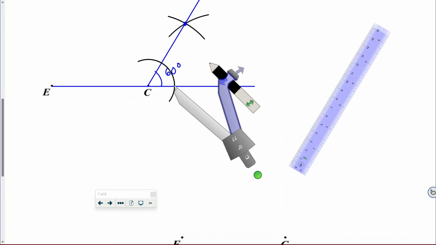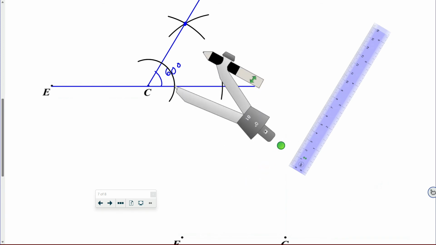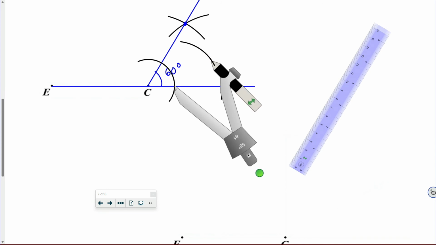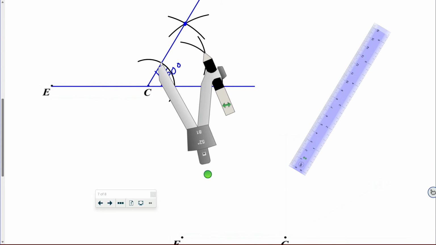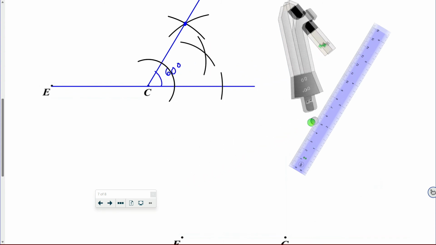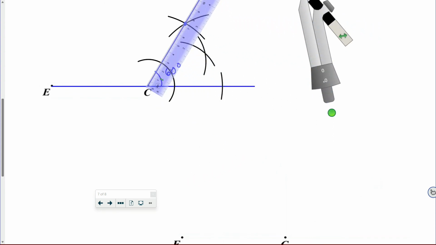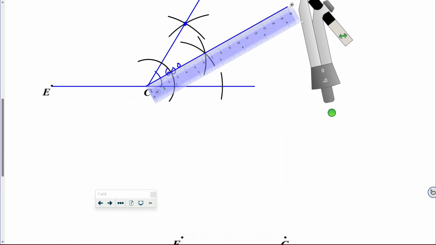Maybe lengthen it a bit. All right, I'll get that. And now put my compass there. Try to put my compass on that intersection point. And draw that arc. And now I will use the X marking the spot to bisect that 60-degree angle. Let's see. There we have it.